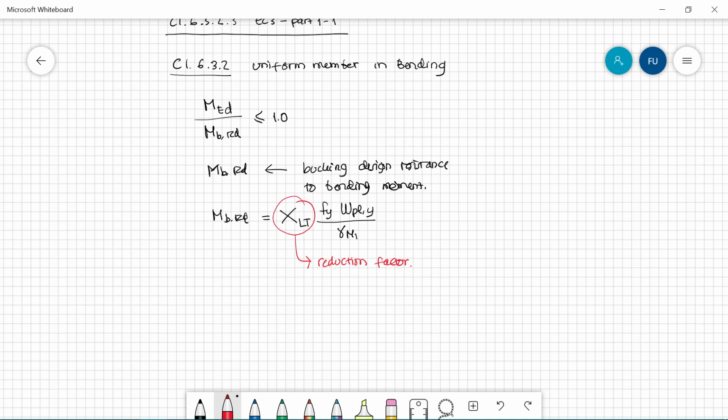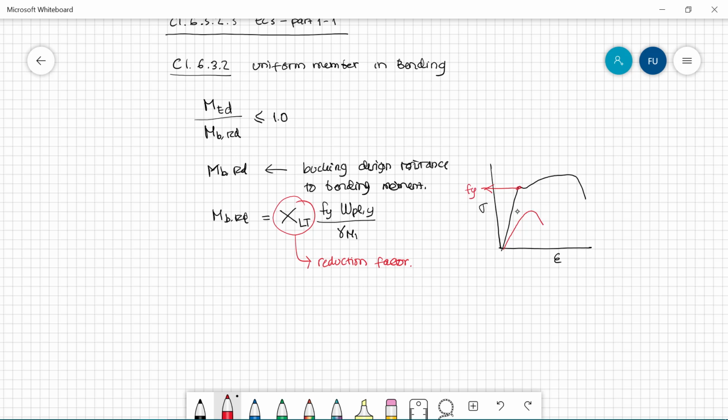So basically in the buckling failure, when we reflect it on a stress and strain diagram, the buckling failure never reaches the yield strength Fy.